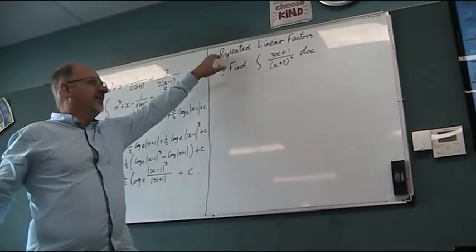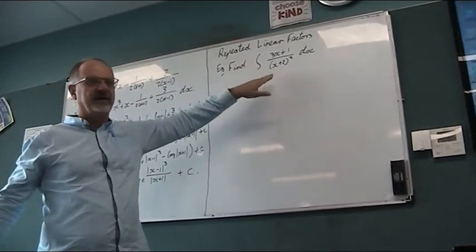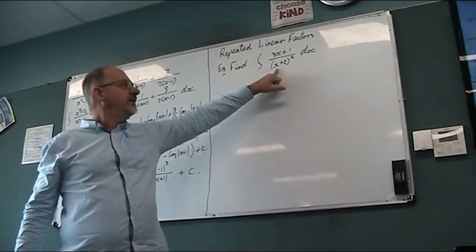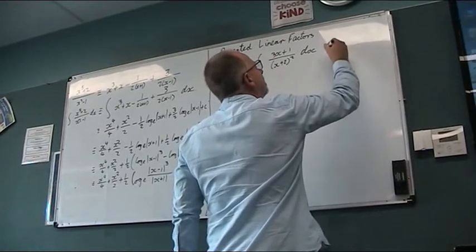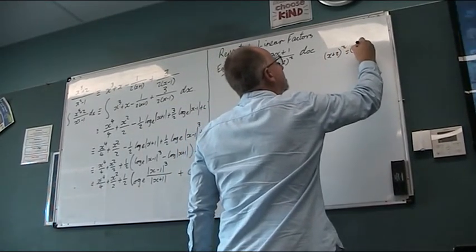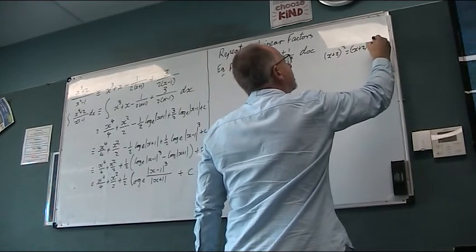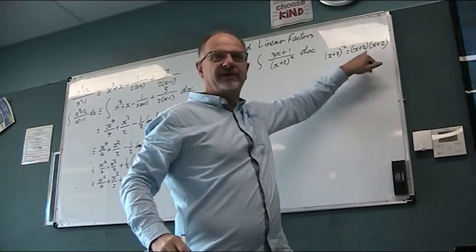When I'm talking about these repeated linear factors, for all of these I'm talking about the denominator. So here it's x plus 2 squared. Well, we know that x plus 2 squared is x plus 2 times x plus 2. So there's a linear factor and it's repeated, it's there twice.